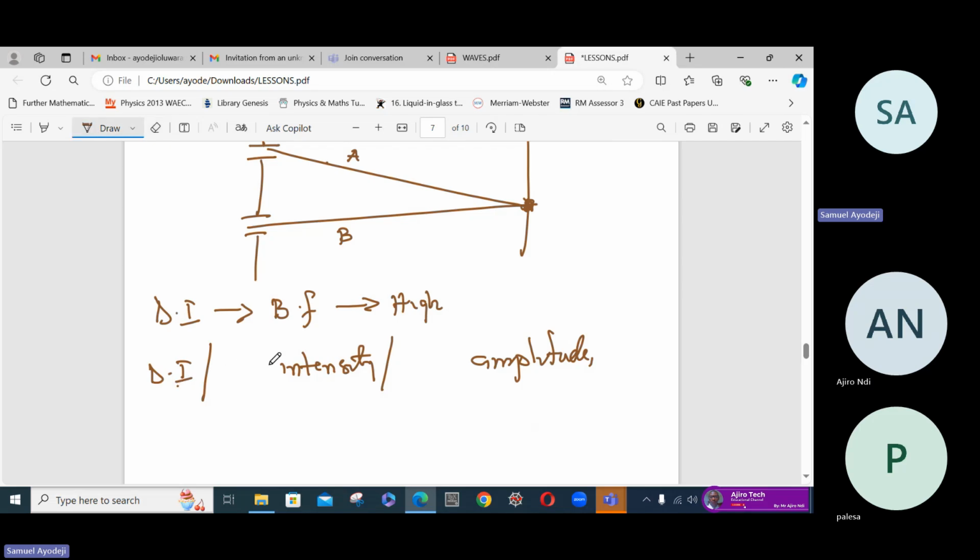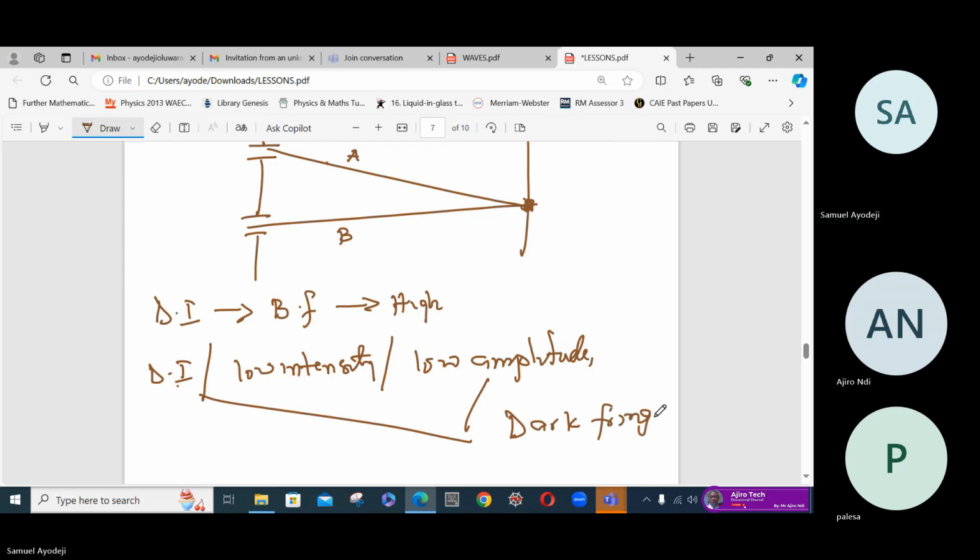All these correspond to dark fringes. The opposite, constructive interference, high amplitude, high intensity, corresponds to bright fringes. So see it that way.